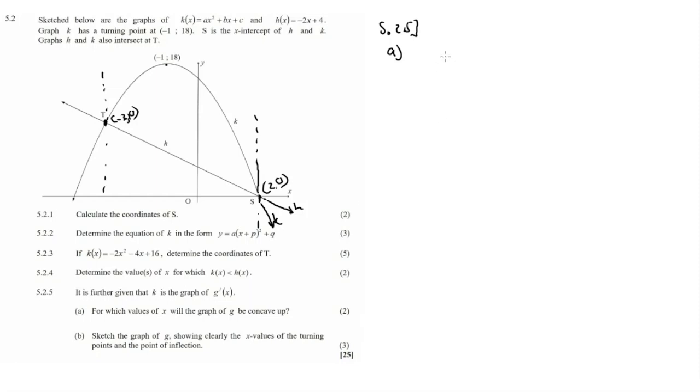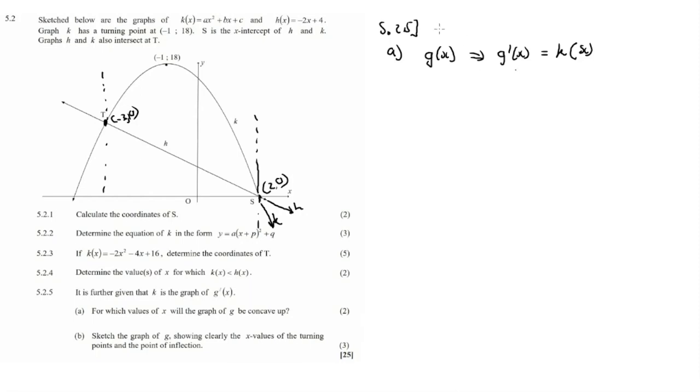So it means there's a function g of x, and when I differentiate it once it gives me g prime x, and g prime x is also equal to k of x, which is a parabola.